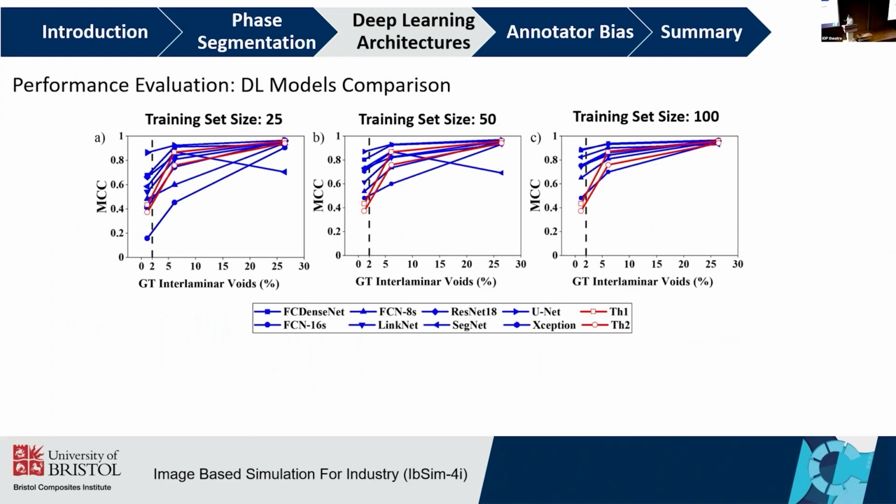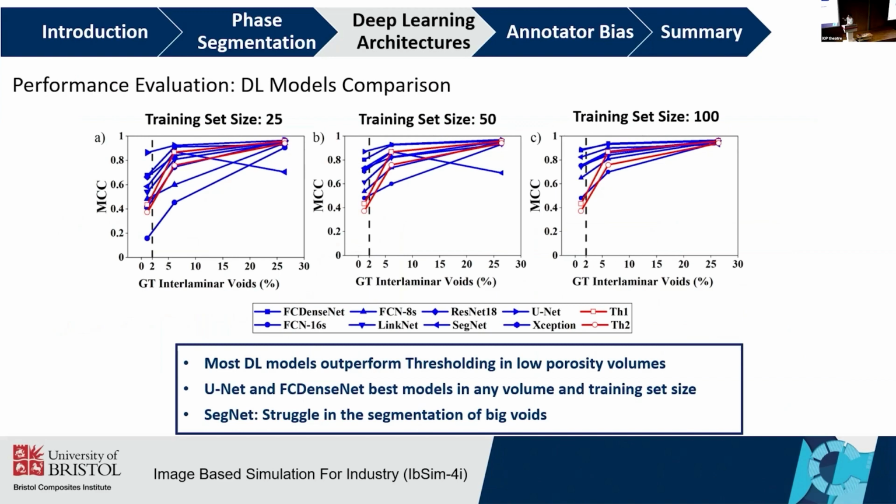Now some results. Here we're focusing on the segmentation of voids. We see that when we are using a training set size of just 25 images, only UNet and FC DenseNet are greatly outperforming thresholding, whereas most of the architectures also struggle with the segmentation of small voids.